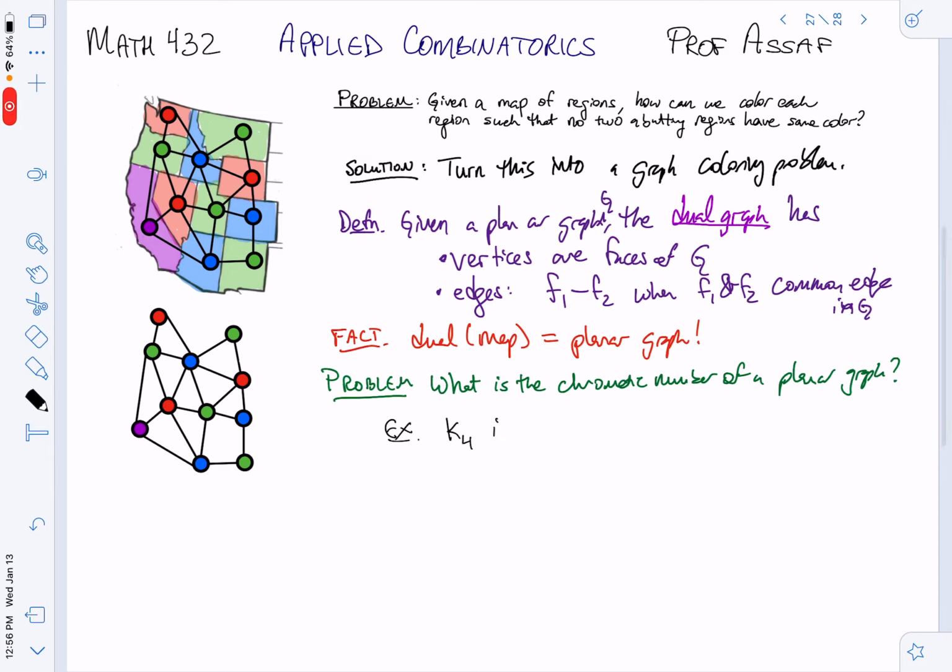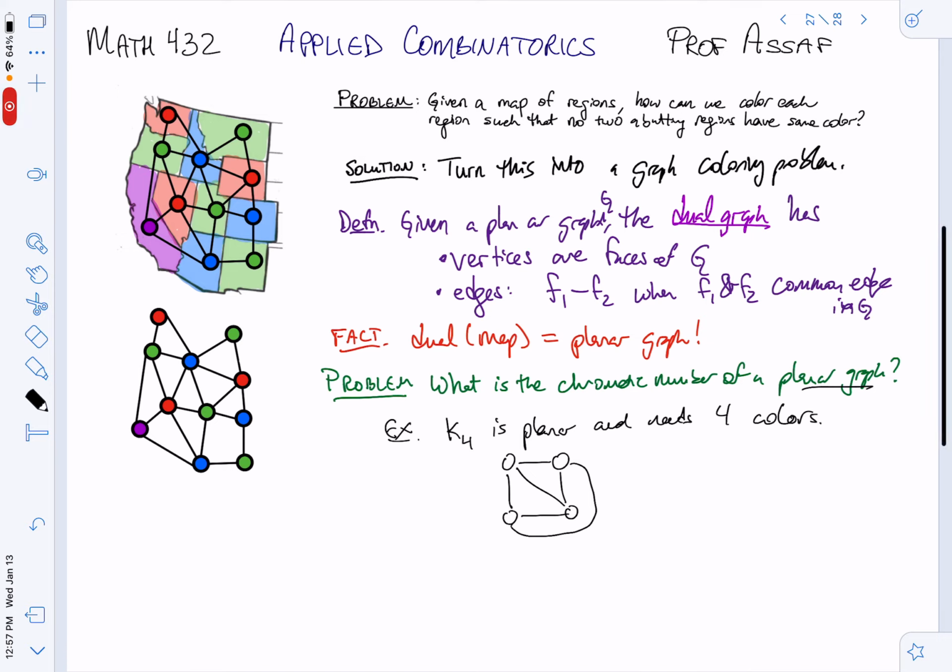This is planar and needs 4 colors. You have to color each of the 4 vertices of K4 a different color, right? Because they're all connected. So we know that the chromatic number of a planar graph is at least 4. So we know that chi of G is greater than or equal to 4.